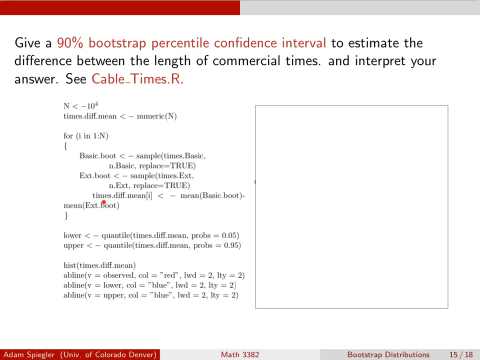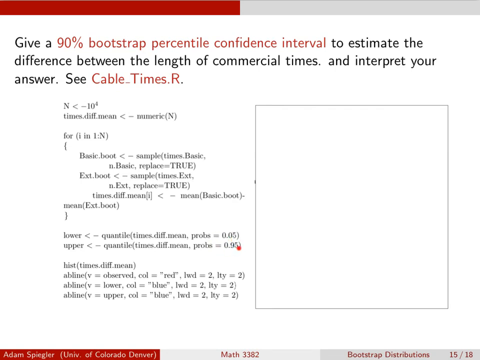And that's, again, what's being stored in the times.diff.mean. Once I've got all of that data, if I want to get a 90% confidence interval, that means I want the middle 90% of the values. So I'm going to look for the cutoffs that would be the 5th percentile and the 95th percentile.